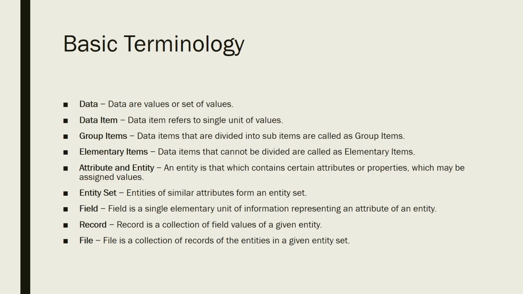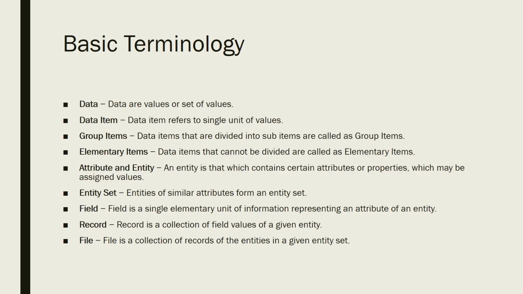What is data? These are values or a set of values. A data item refers to a single unit of values. Group items are data items that are divided into sub-items. Elementary items are data items that cannot be divided into sub-items.